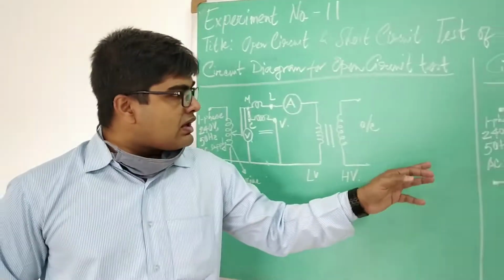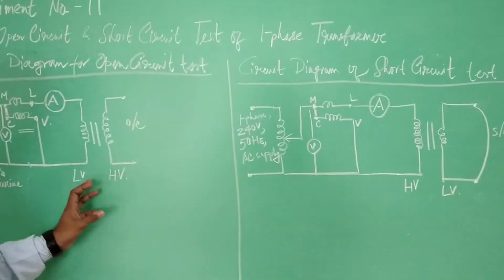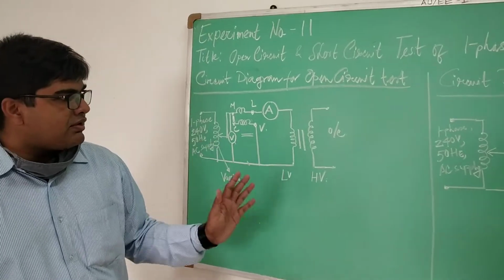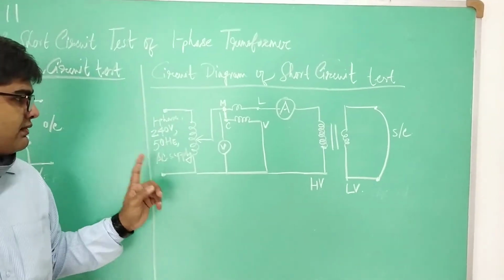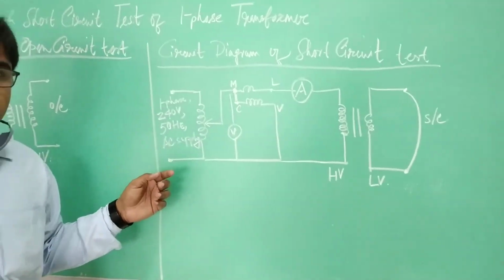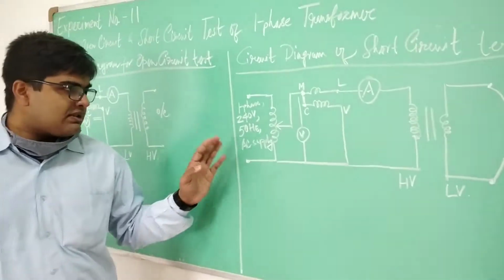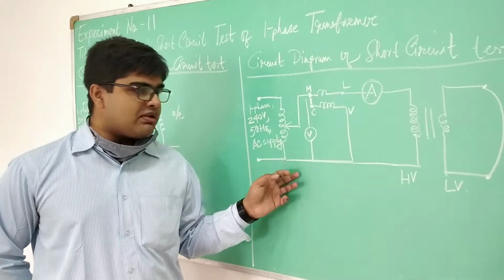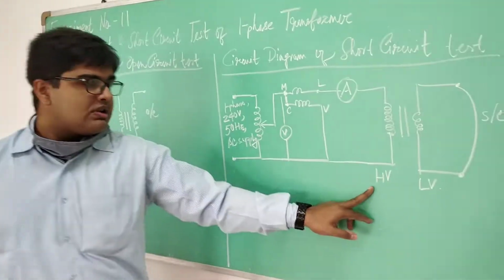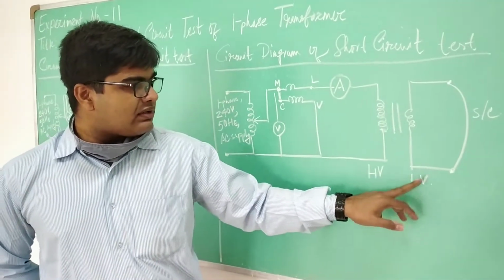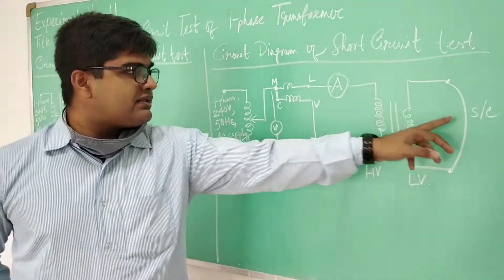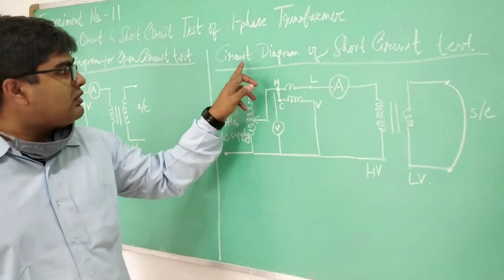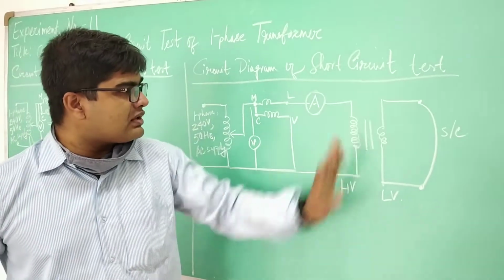And this is the circuit diagram for the short circuit test. Exactly the same thing is repeated here, but with two differences. First difference is, in this case all the metering and supply has been given to the high voltage side, and the low voltage side is kept short circuited. SC means short circuited. This is why it is called the circuit diagram of the short circuit test.